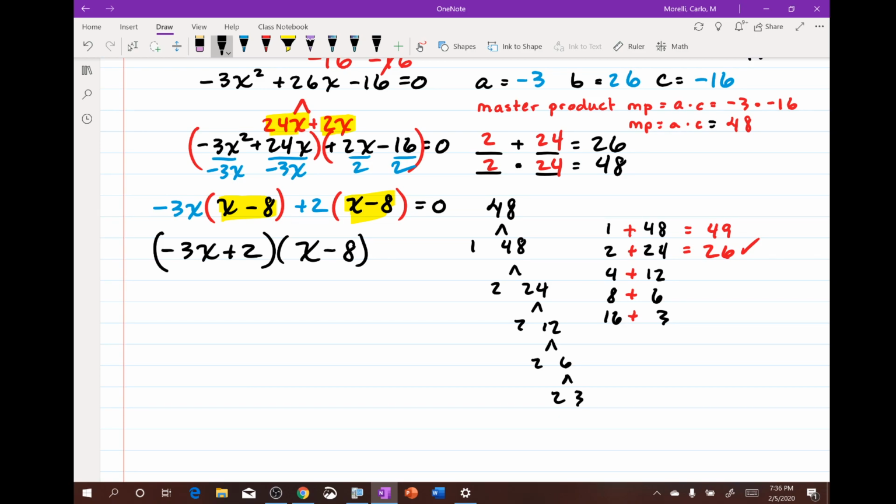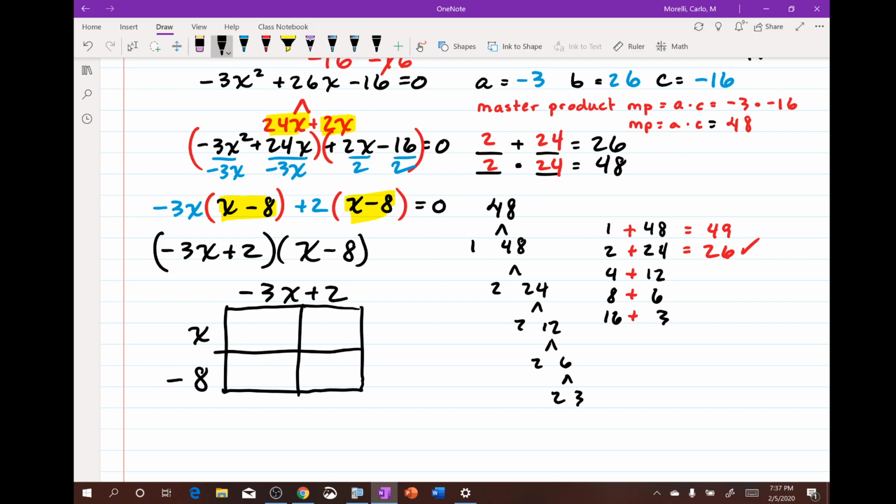If you don't believe me, it's always good to multiply negative 3x plus 2 and x minus 8. Just check yourself. I used to say check yourself before you wreck yourself. It's not going to hurt you to take a moment and redo this: negative 3x squared plus 2x plus 24x minus 16. Did I do that right? Yes, I did.